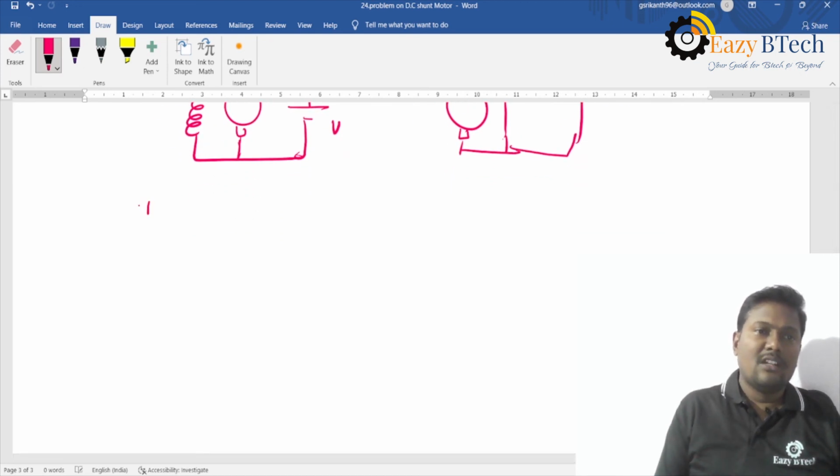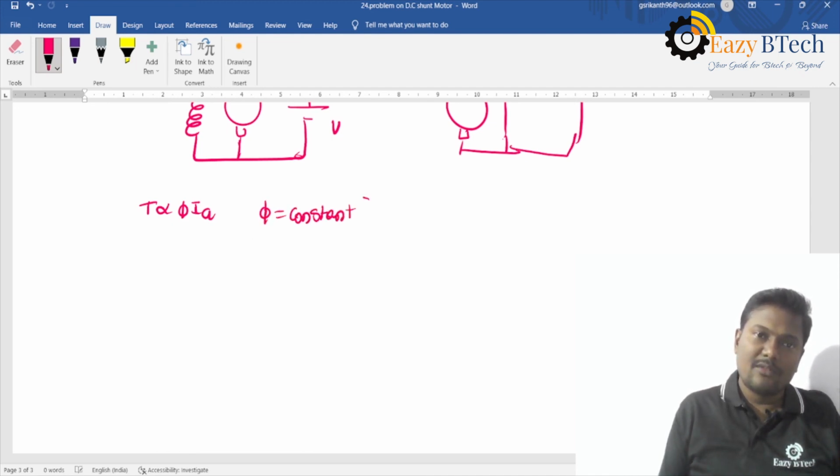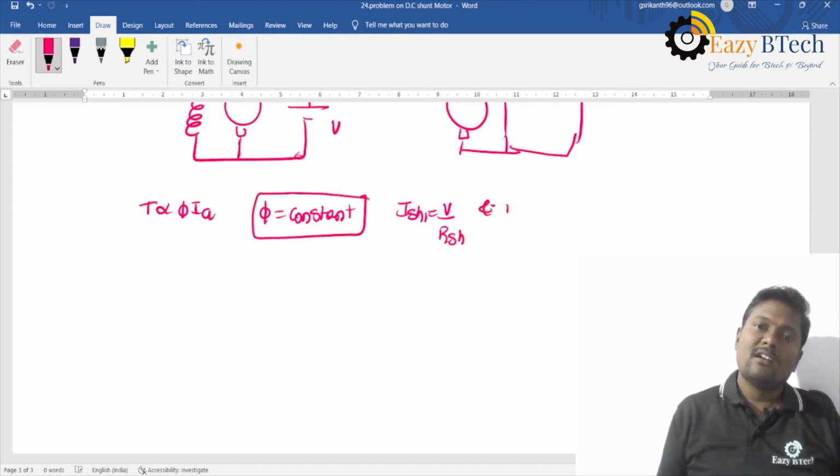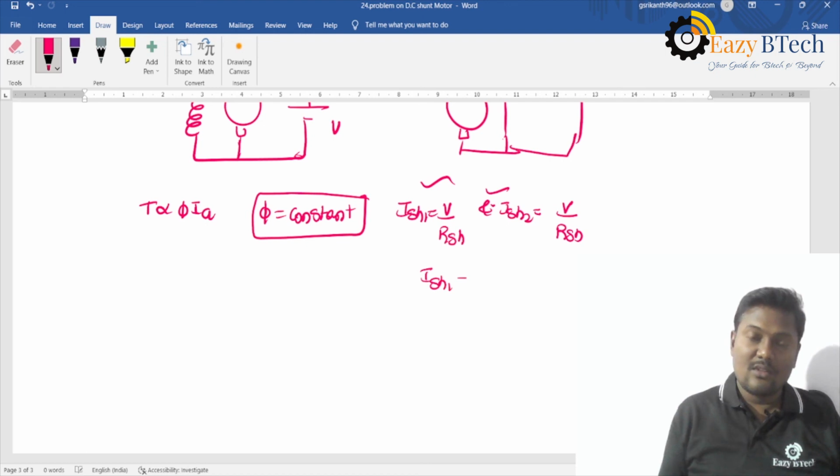So I know the relationship: torque is directly proportional to flux into IA, and in this problem the flux is constant. Why? Because ISH1 is equal to V divided by RSH and ISH2 is equal to V divided by RSH, and both are equal. ISH1 is equal to ISH2.